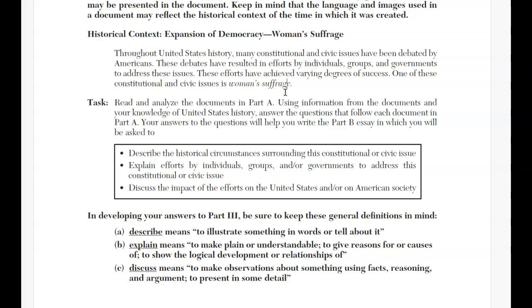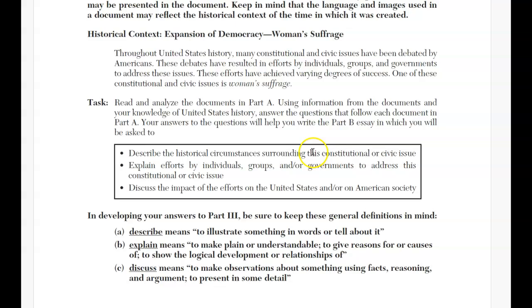Women from the 1860s till 1920 were fighting to get their own right to vote, suffrage. All right. So they want you to read and analyze the documents. You're going to look at them one at a time, and then you're going to write a big essay.